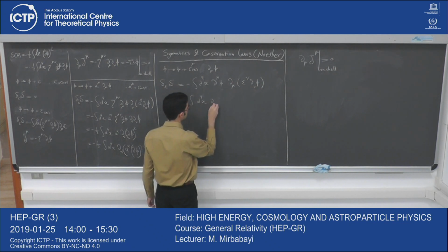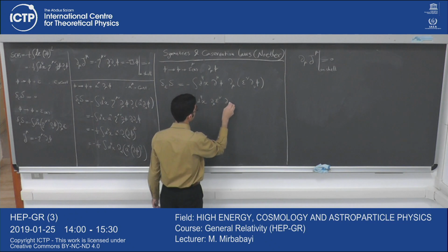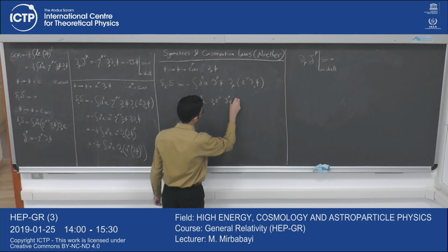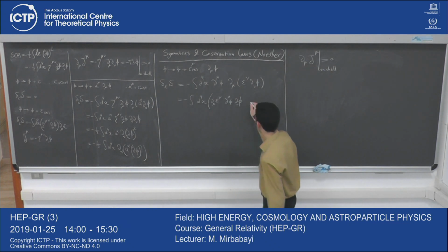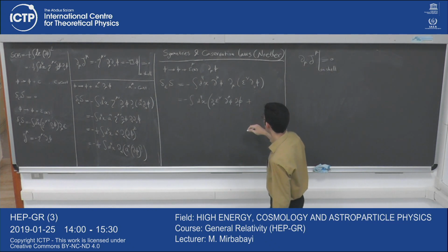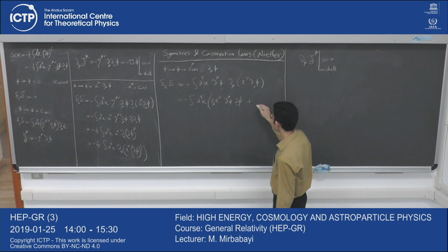So I will have d mu epsilon nu d nu phi and then I have epsilon nu d nu phi d mu phi.